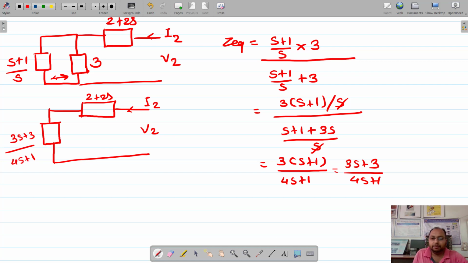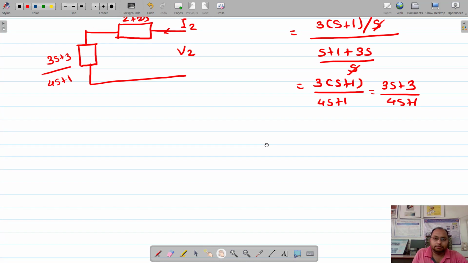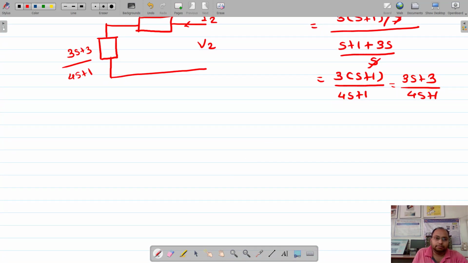Okay, now apply KVL. V2 is equal to (2 plus 2s) into I2 plus (3s plus 3) divided by (4s plus 1) into I2.